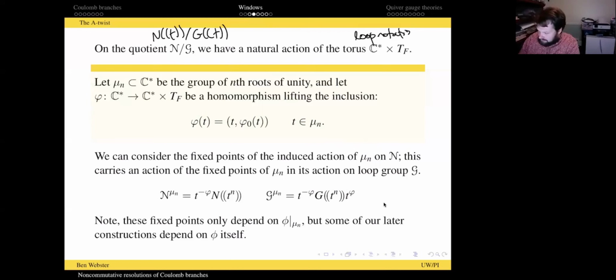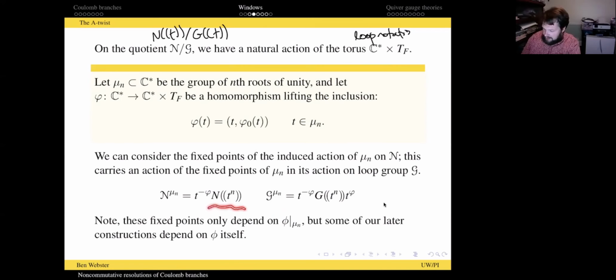So if I take the fixed points of this finite subgroup in N, that contains an action of the finite subgroup mu n in the loop group. Remember, the flavor group normalizes G, so there's a well-defined action of mu n there. And if I look at the fixed points, there's a nice description of them.